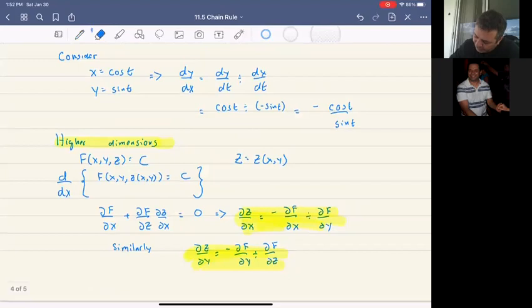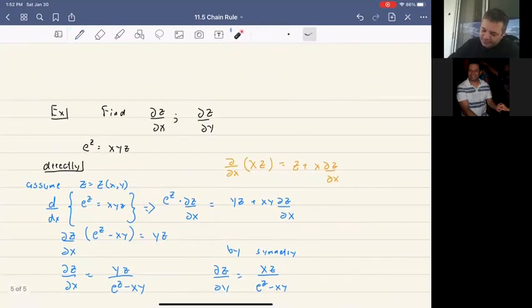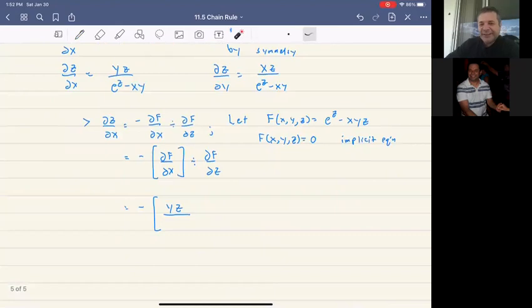I did not write it correctly there. Again, I need to focus better, but you can see that it was like that anyways. Okay, so derivative here with respect to z is going to be e to the z minus xy.